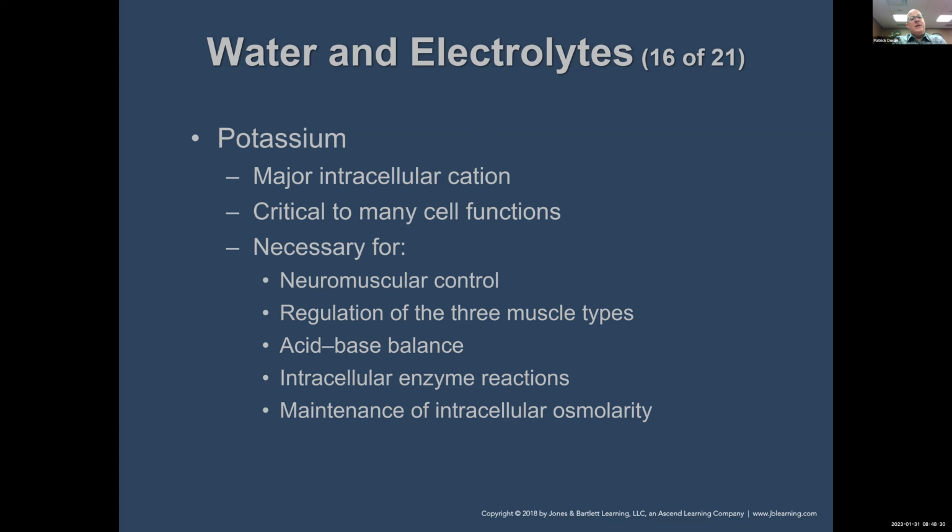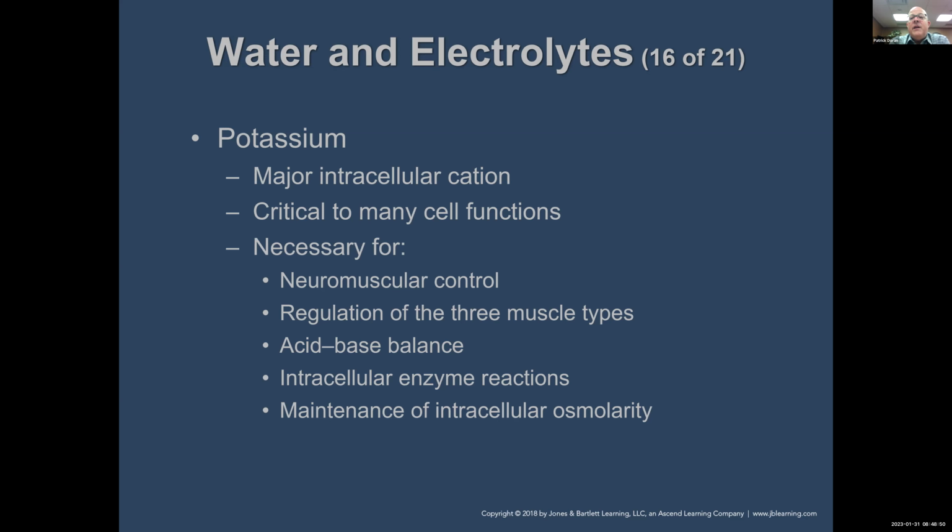And basically, it works in controlling muscles, the three muscle types, right? Smooth muscles, cardiac muscles, and skeletal muscles. So it regulates those.